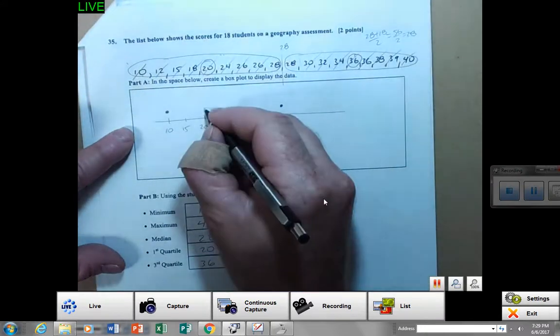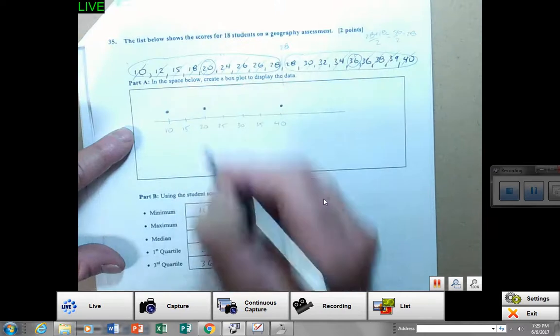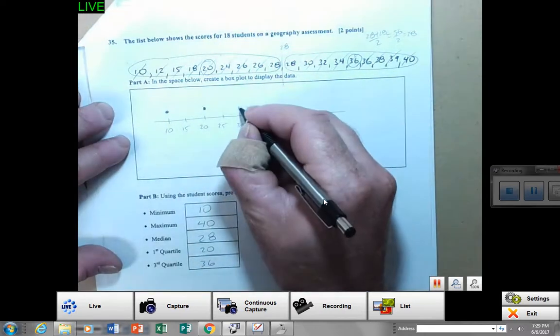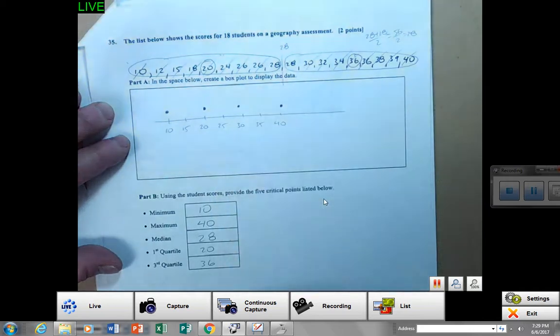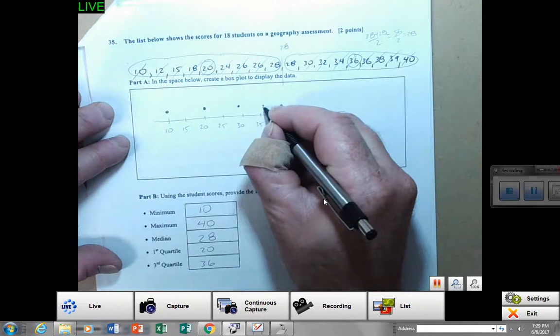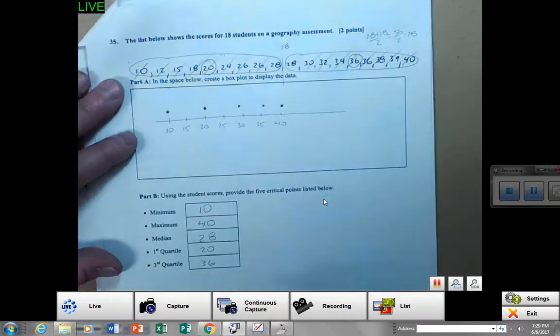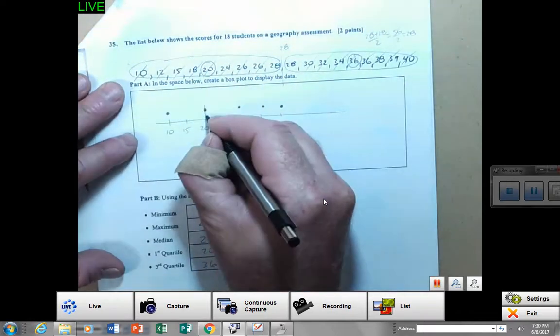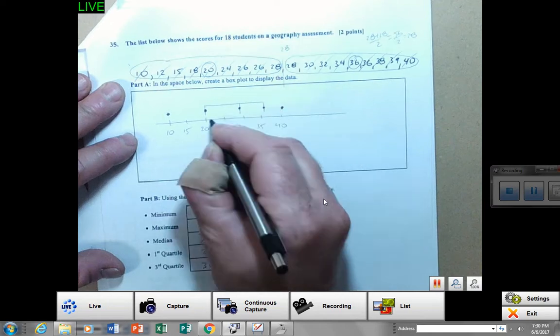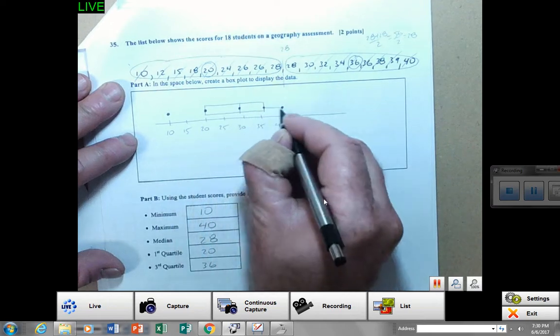My lower quartile, my first quartile, the edge of the box, 20. My middle quartile, 28, just to the left of that 30 line. My top quartile, 36, just to the right, be precise, of that 35 line. Fill in my box. Fill in my whiskers.